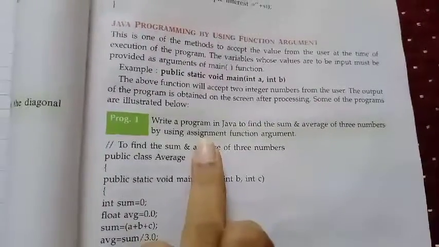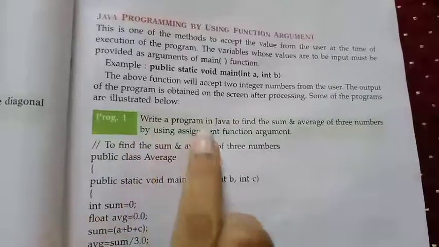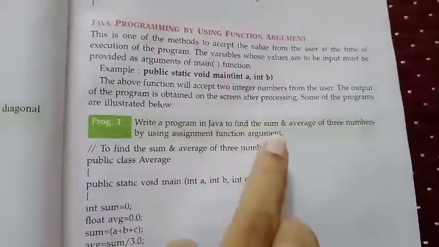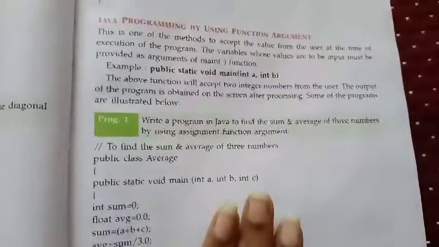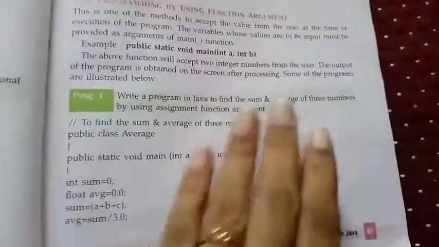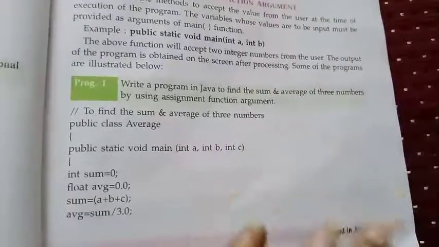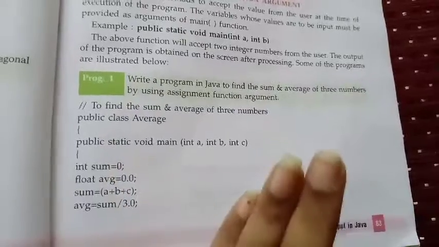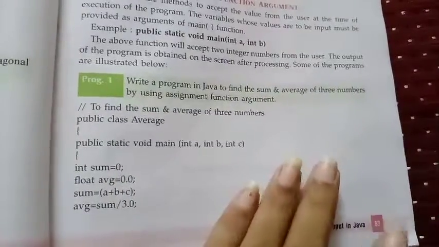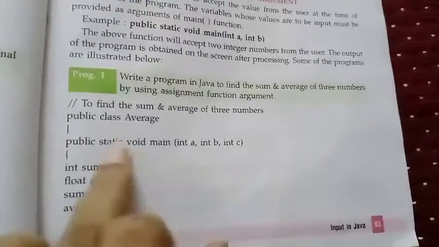We are going to write a program to find the sum of 3 numbers and the average of 3 numbers. For that, first we need to get the 3 numbers as the input. With these 3 numbers only, we can calculate either the sum or the average. So the first thing is, we are going to take 3 numbers as input.